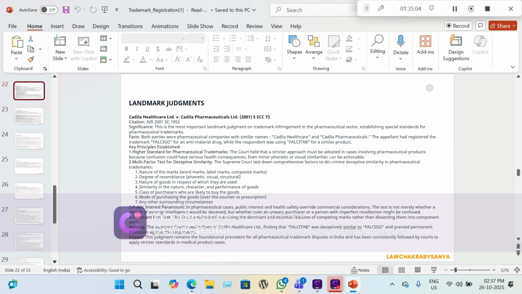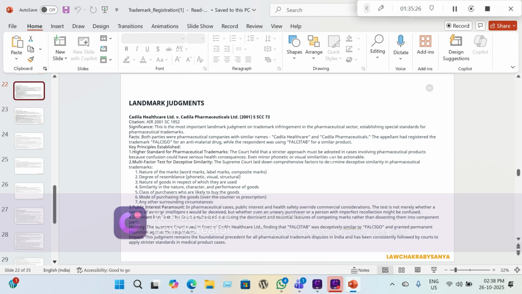There was a dominant part which was directly in conflict with the other, and that was likely to cause a lot of confusion, and that is why the Supreme Court ruled in favor of Cadila Healthcare, finding that Falcitab was deceptively similar to Falcigo and granting a permanent injunction against the respondent. So this is a very important case.